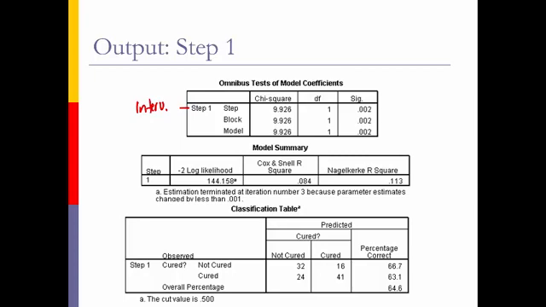So the first thing to note is let's go down to our classification table. And it says that the model predicts that all patients with intervention were cured. So 57% had intervention.